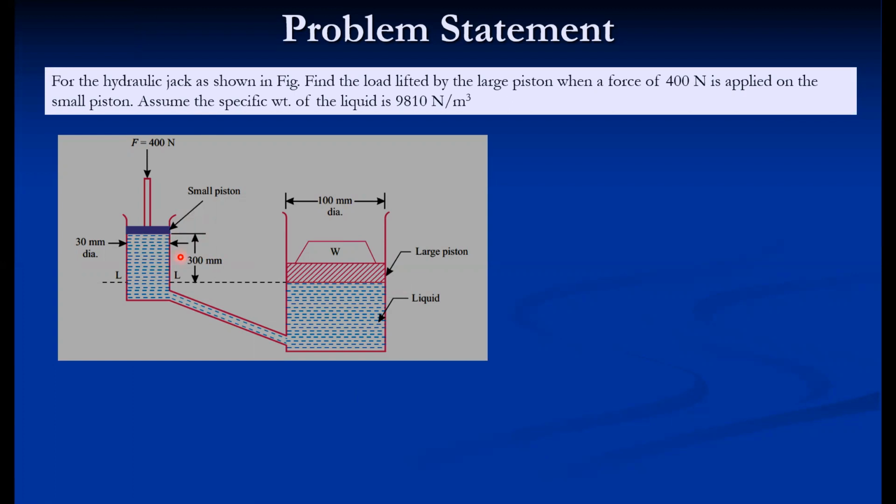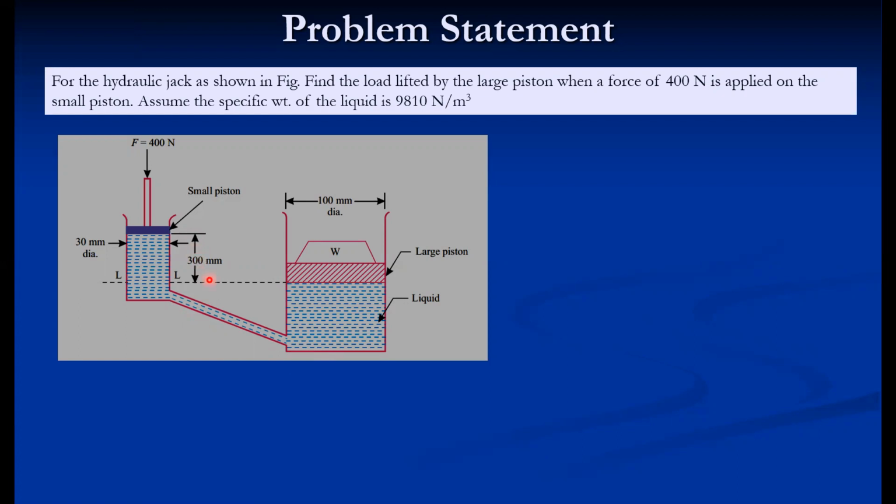This is a small piston, and a 400 Newton force is applied to it, and this piston is at a slightly higher level. So the pressure at this point differs because of the height difference.